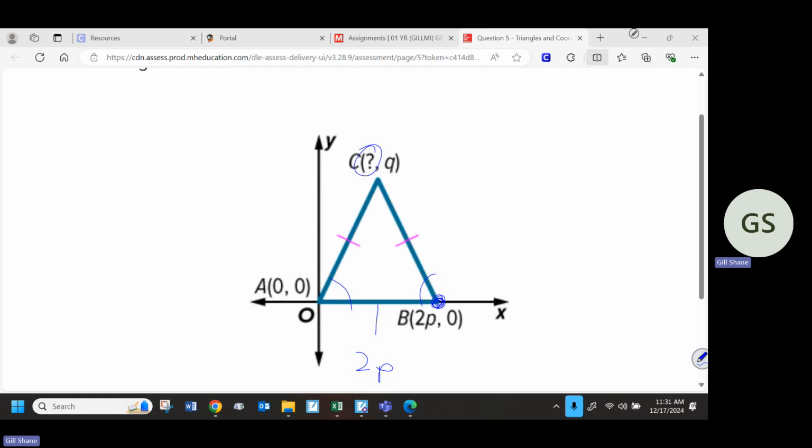Anybody have any idea? How do I find an x value if I have a point on the graph? Like if I had this point, what would I do to find the x for it? You don't move it. How do you find the x for that? No, it's no math.